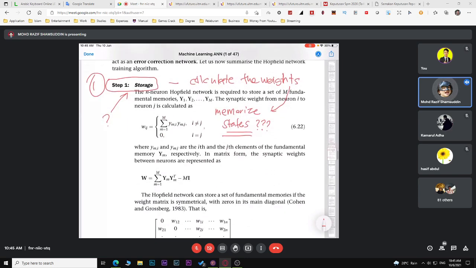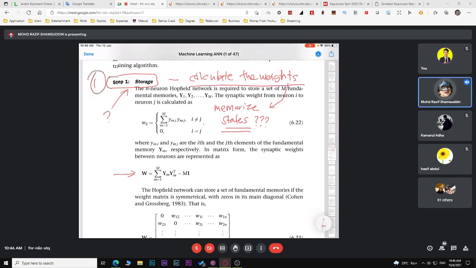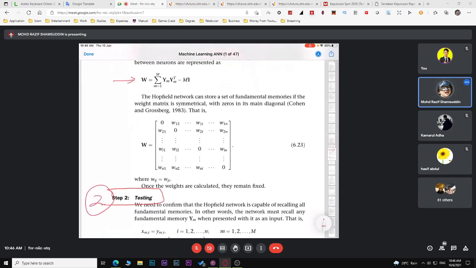So by now you should understand what happened in the first step. Alright. The first step again, calculate the weight. Macam mana nak calculate? Macam ni lah. Nanti kejap lagi saya explain balik semula. Again, because ada kelas B masih lagi first time kan. Okay, this is how we calculate the weight. Alright, next.